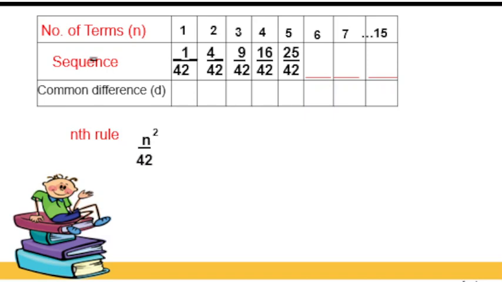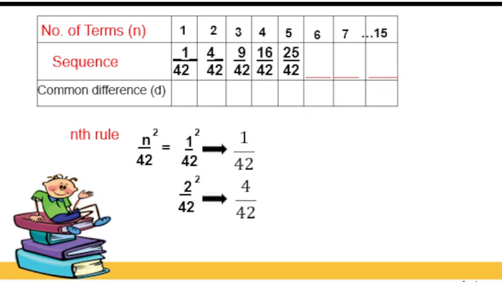So that is 1 squared over 42 is equal to 1 over 42. Same as 2 squared over 42 will become 4 over 42. Then we have 9, not 6. 9.